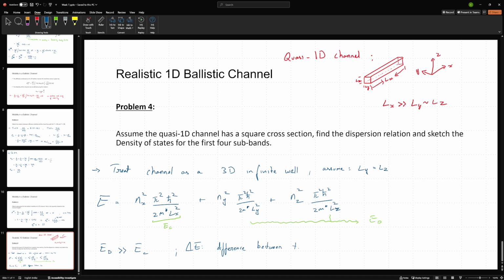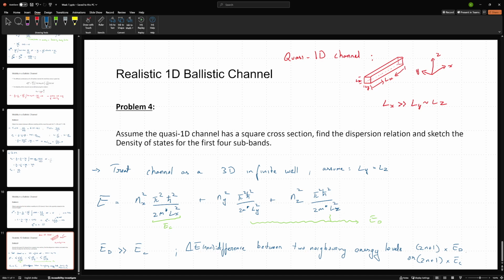Between level n and n plus 1, we know this to be 2n plus 1 times ED or 2n plus 1 times EC.